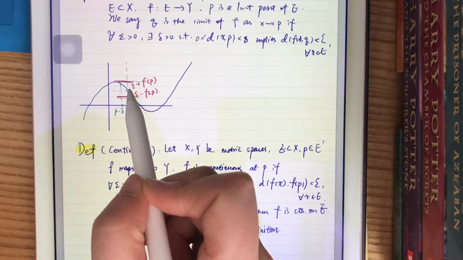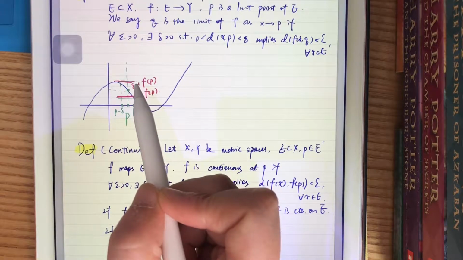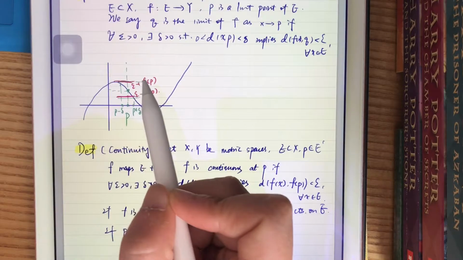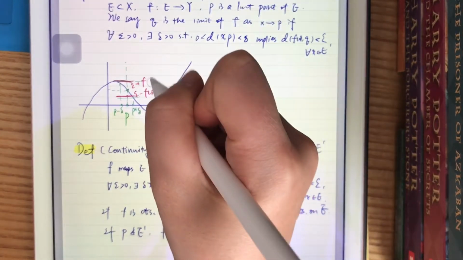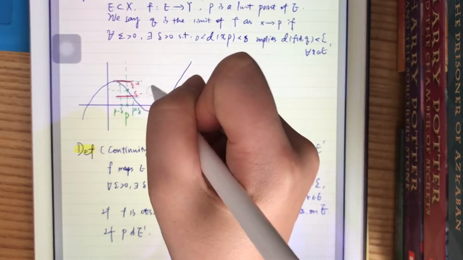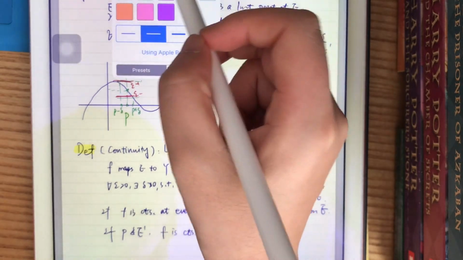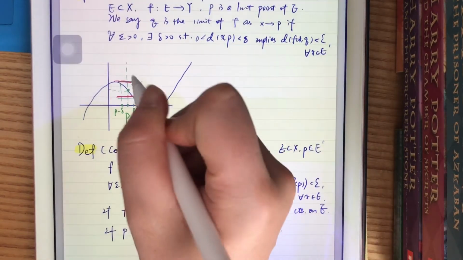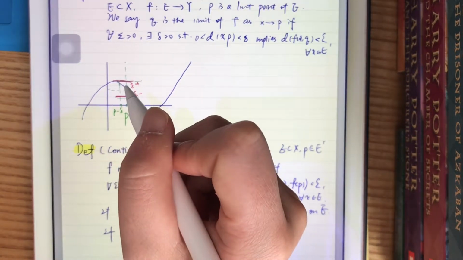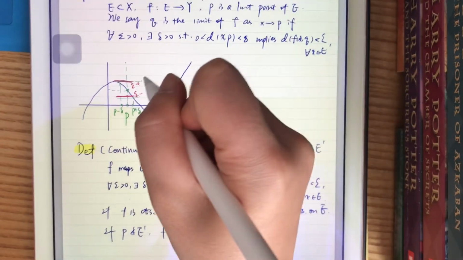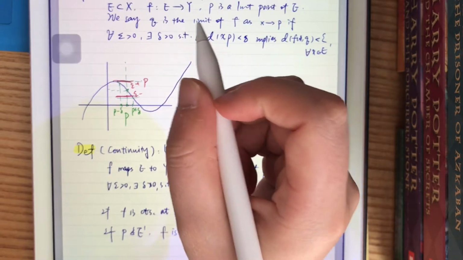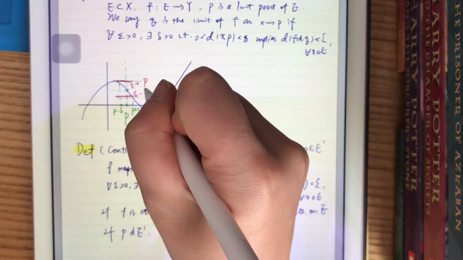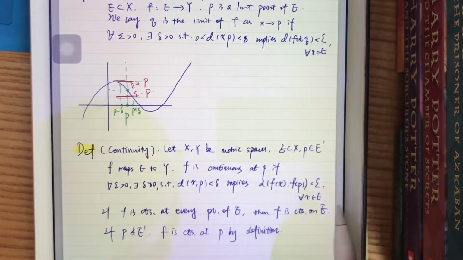So here's epsilon plus F(p). Okay, actually we can't see F(p). So you are trying to show that Q is the limit of the function at point P. So here's actually epsilon plus and epsilon minus, right?